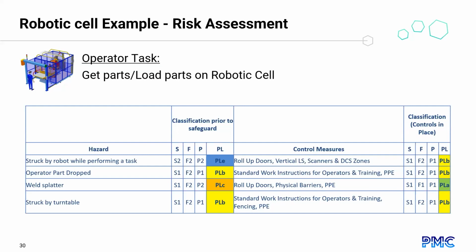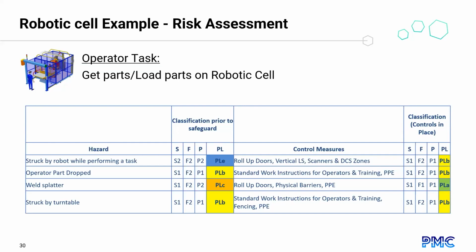So we remain, as we can see, with the same severity level S1, because anyway, it's a minor injury, a burn, for example, and the exposure frequency is lower. There is no longer interaction with the weld splatter. And so we have frequency level F2, and the possibility of avoiding this hazard also changes after implementing the control measures, because now the operator manages to avoid this hazard.